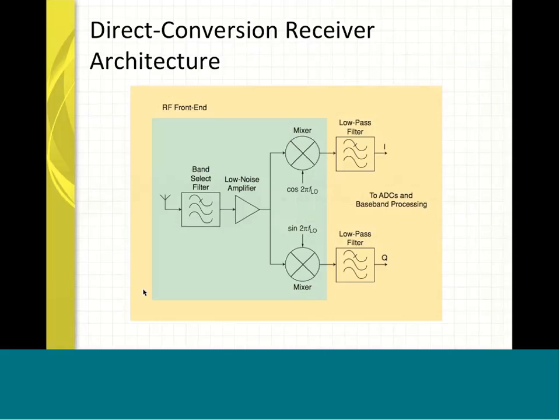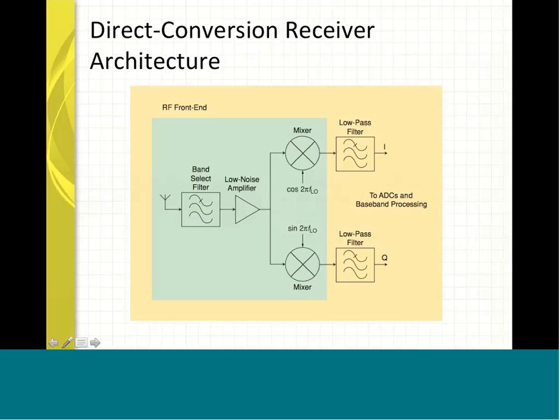I want to bring up this diagram to show how the receiver is implemented on FMC 111. The receiver architecture implemented on FMC 111 is a direct conversion receiver architecture.